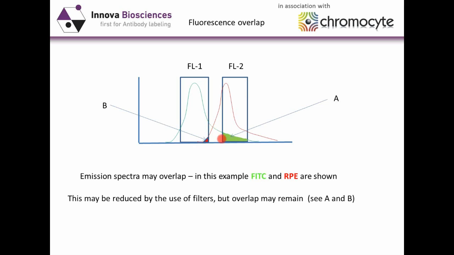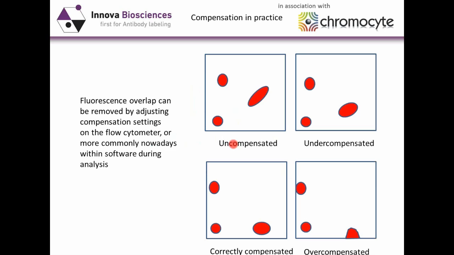However, there's still a significant amount of overlap, particularly of FITC emission into the phycoerythrin or the FL2 channel, and you need to undertake compensation to overcome that. This diagram shows an indication of uncompensated data and how this changes when you correctly set the compensation settings on your machine.